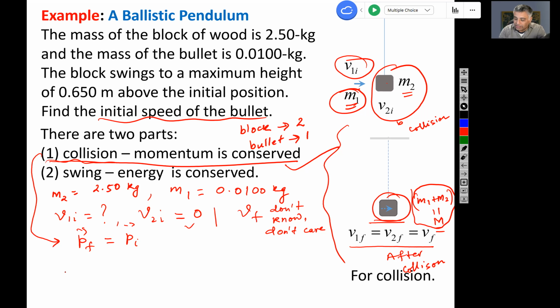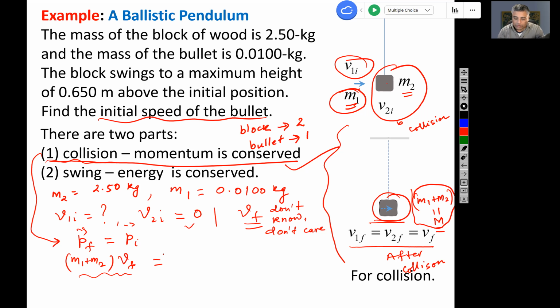If you like, you can write uppercase M, or if you don't want that, you can just write M1 plus M2. And the final speed, VF, which we don't know and we don't care, means we want this first so that we can get rid of this, okay? So that's the total final momentum.